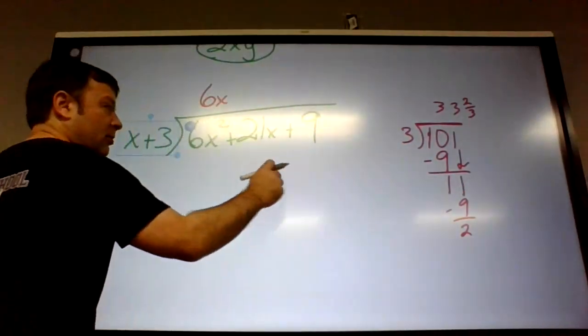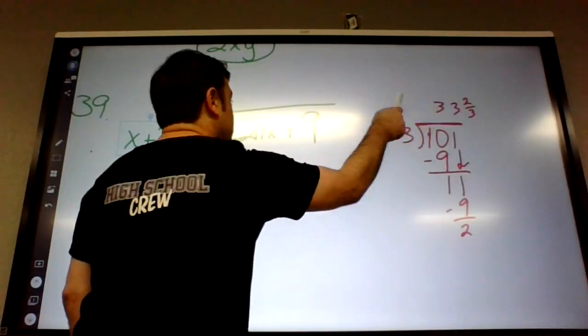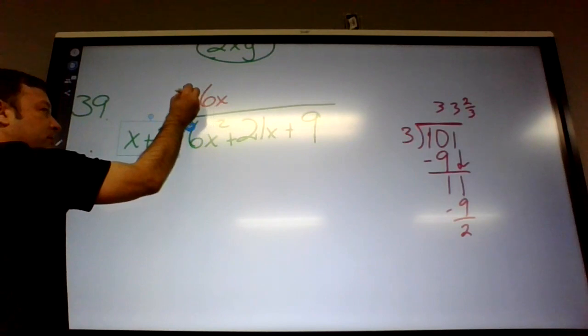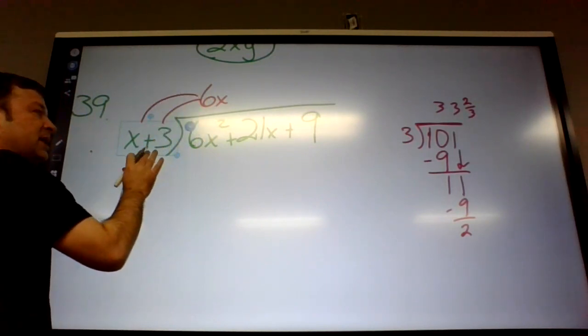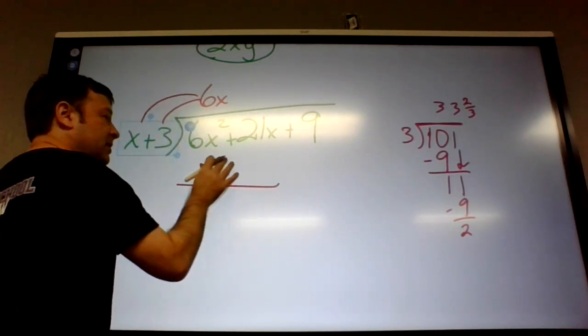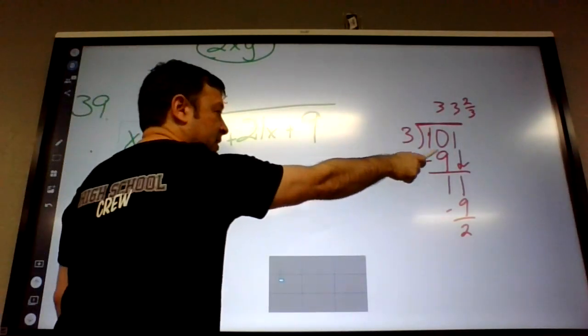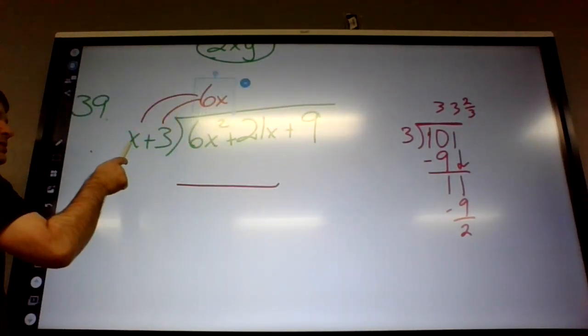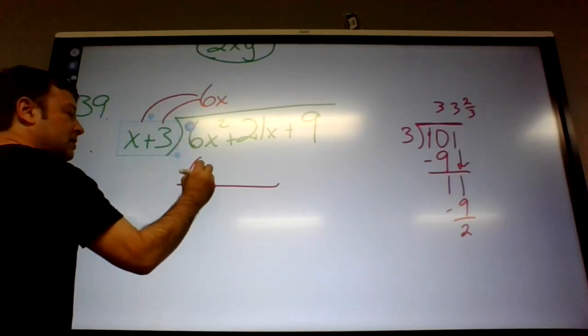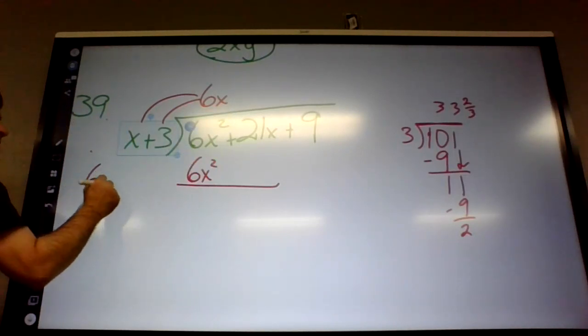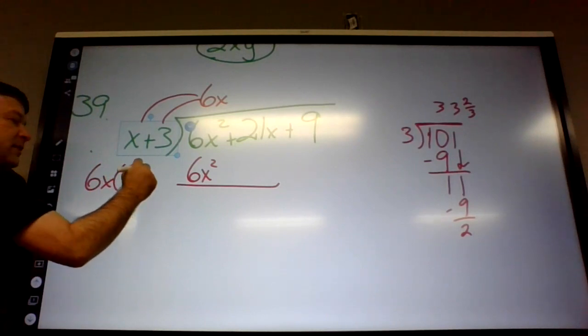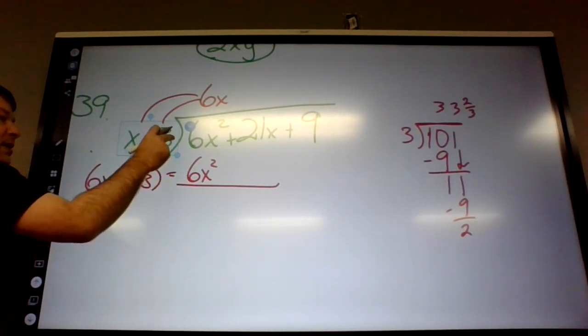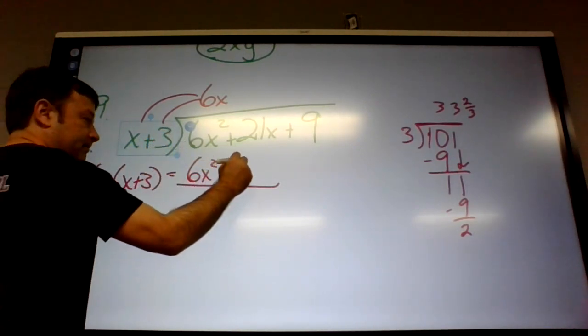So after you figure out what this divided by this is, you're going to multiply 6x times that, put it down here, and then subtract. So what is 6x times x? Right. So we're doing 6x times all of that. Right.